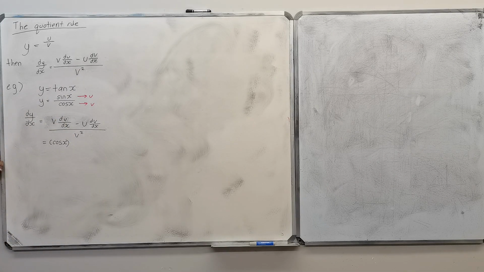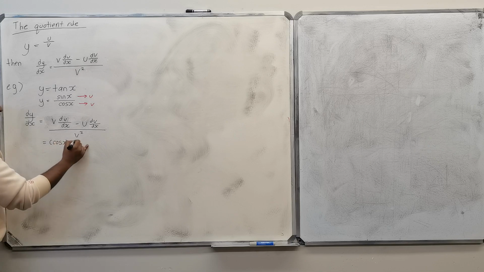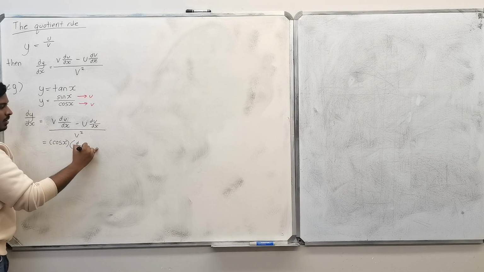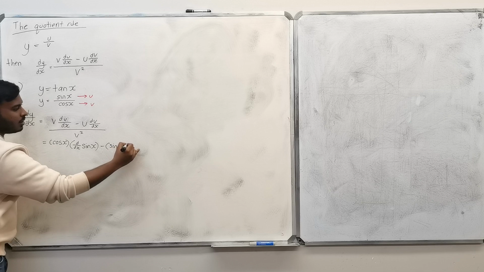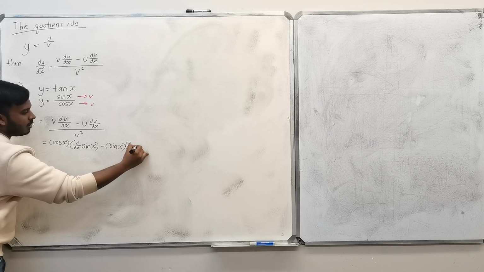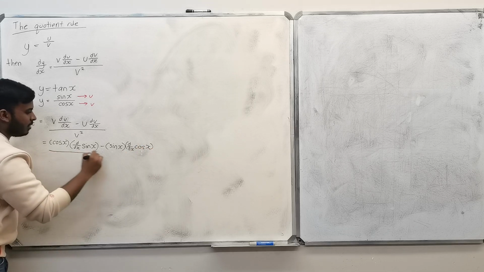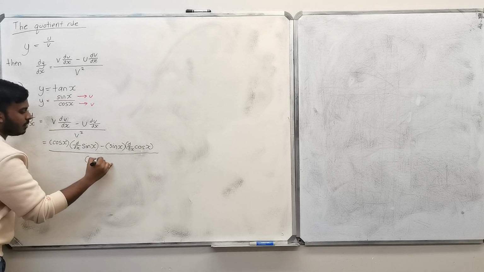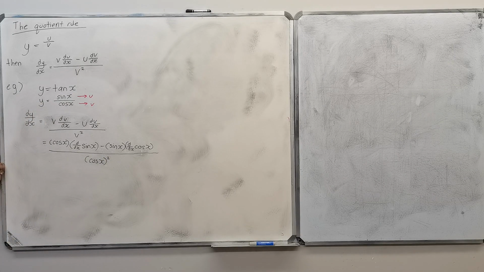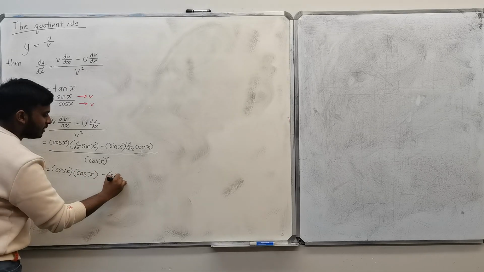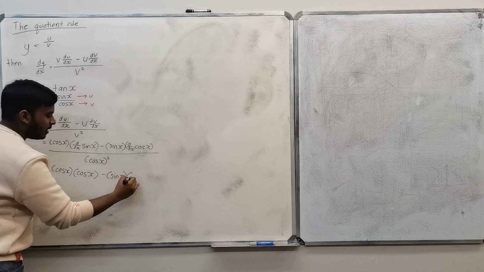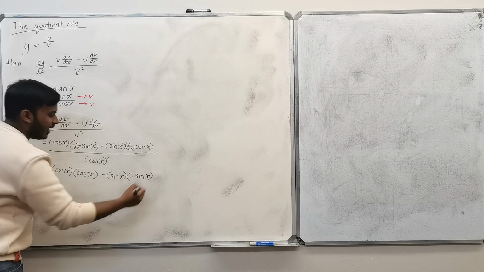This is the derivative of u with respect to x. So the derivative of sin x is cos x, times cos x, minus u, sin x, times the derivative of cos x, which is minus sin x.